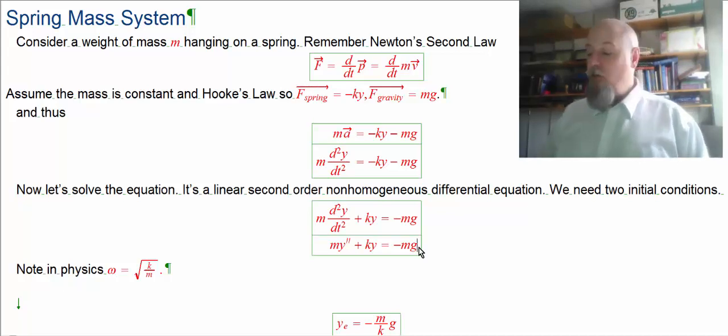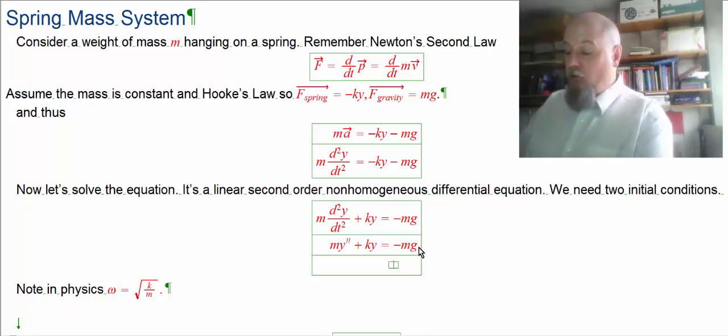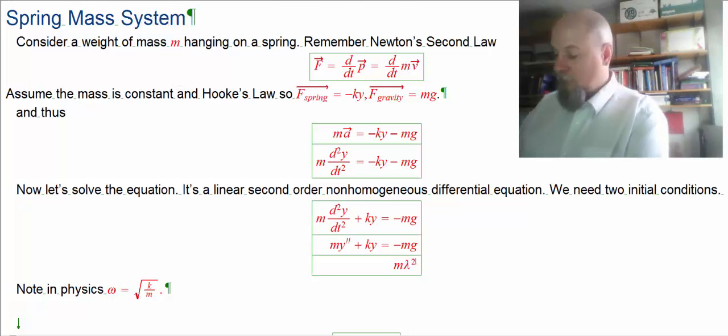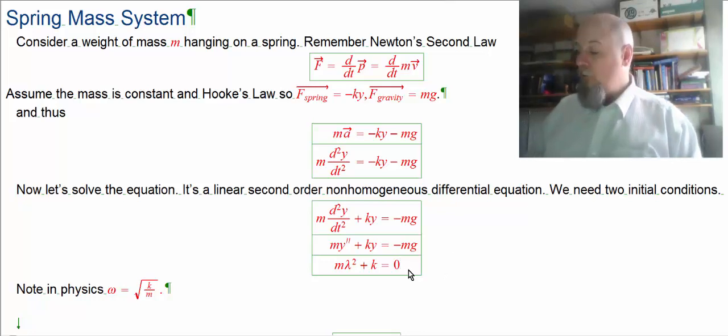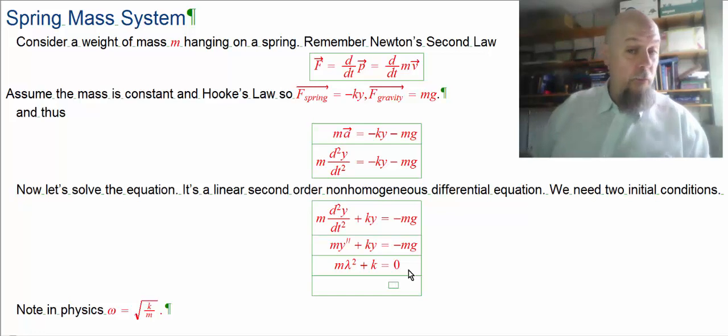We get the eigenvalues. How would we get the eigenvalues? Our auxiliary equation would be m lambda squared plus k equals 0, and we get complex conjugate eigenvalues with 0 real part.